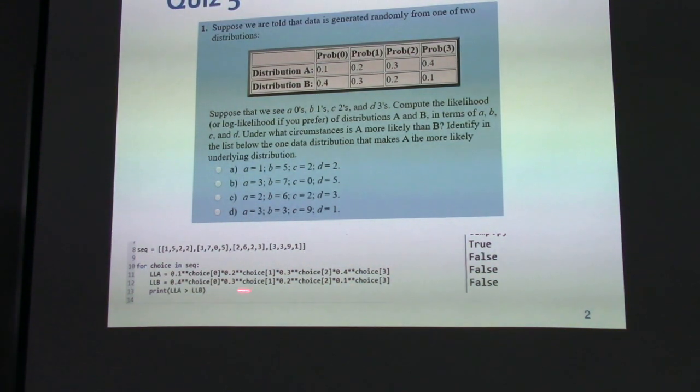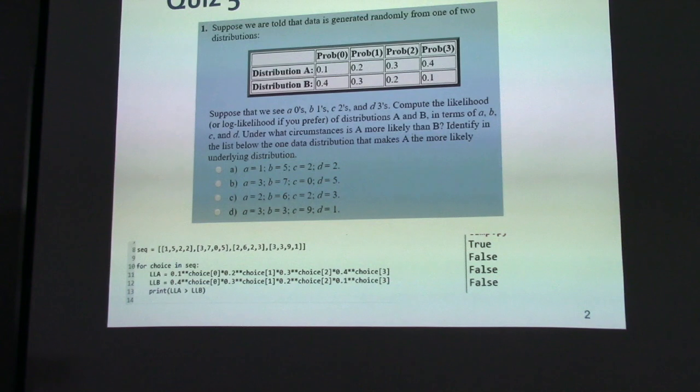This is the Python code. This is just to transform those choices, and then these two lines of code are used to calculate the likelihood for both distribution A and distribution B. For example, if we observe two zeros, in the likelihood function we should multiply 0.1 by 0.1, so there will be two zeros.